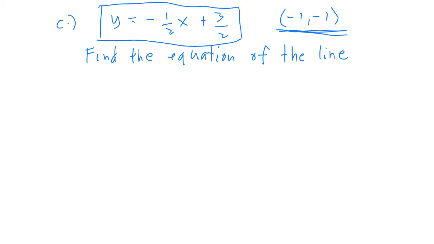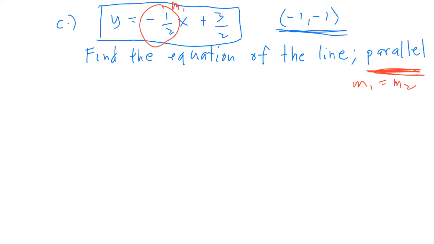So again, the word parallel is here. So we know that when we see parallel lines, the definition from the summary that we made a while ago, M1 is equal to M2, right? Okay, and we know that this is our M1.